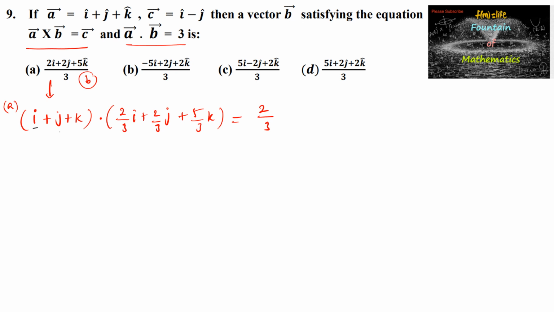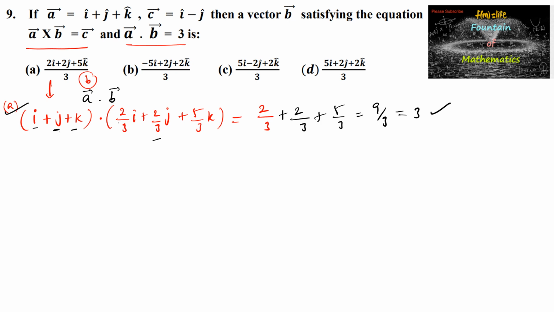So 1 times 2 by 3 is 2 by 3, plus again 1 times 2 by 3 is 2 by 3, and 1 times 5 by 3 is 5 by 3. So which is equal to 9 upon 3, which is 3. So a dot b is equal to 3, which is correct. So we can say that option A is the correct one.